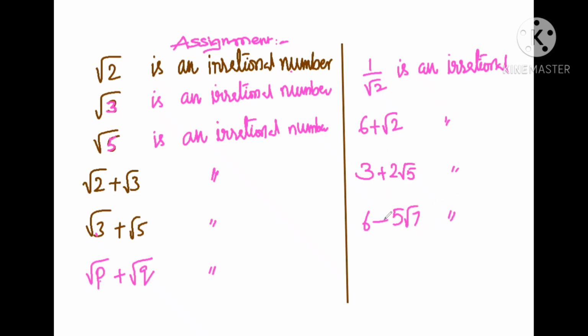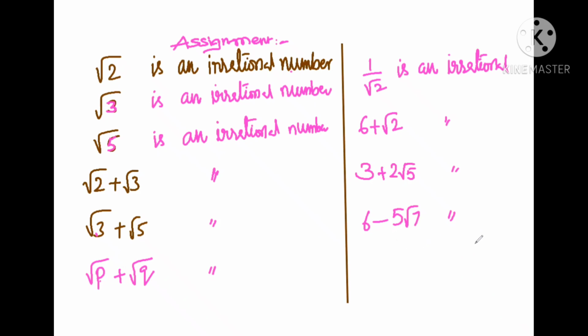The left side is an irrational number, and the right side, for any values of p and q, is a rational number. So irrational cannot be equal to rational. There we reached a contradiction.